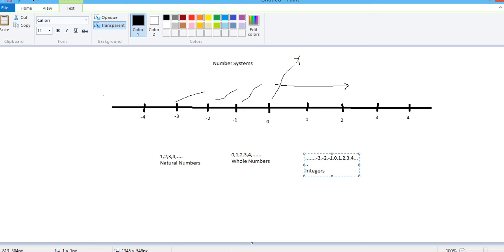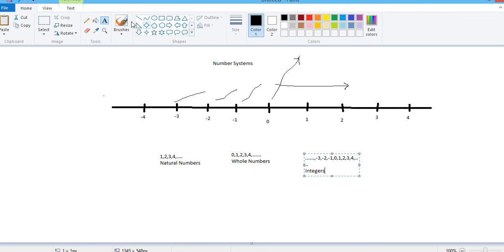Now there are many numbers within 0, 1 or 0, 2 or 0, -1. So within these, what will the numbers be? That is here or here.